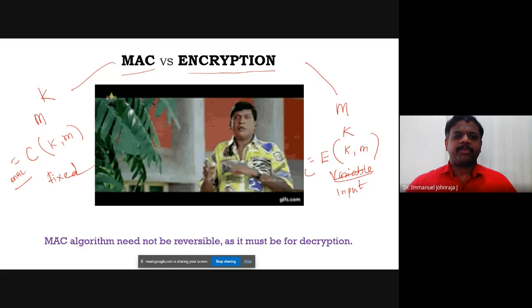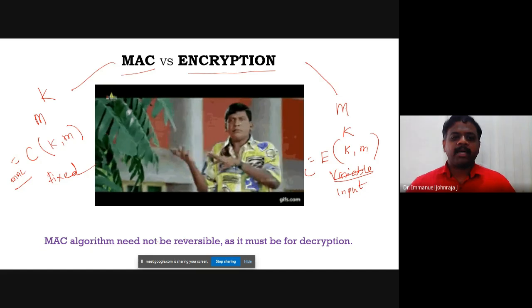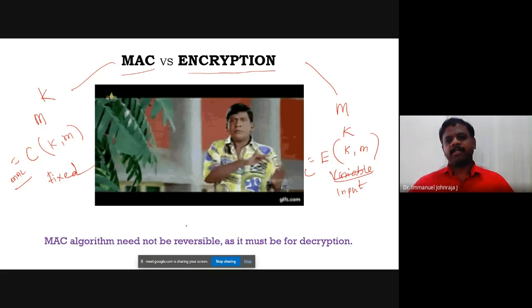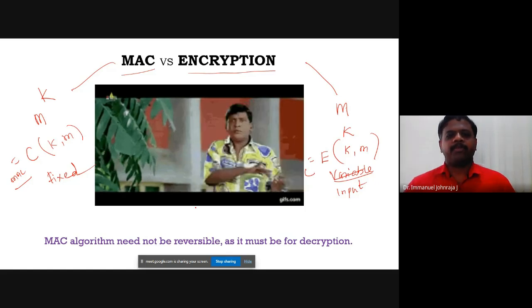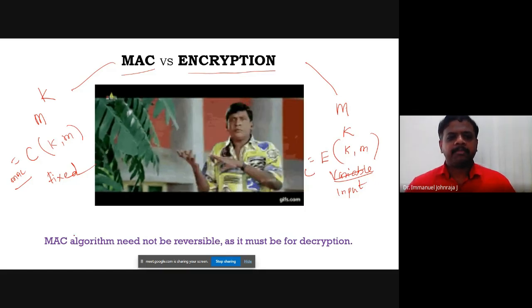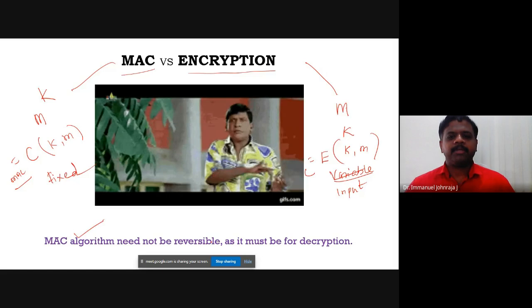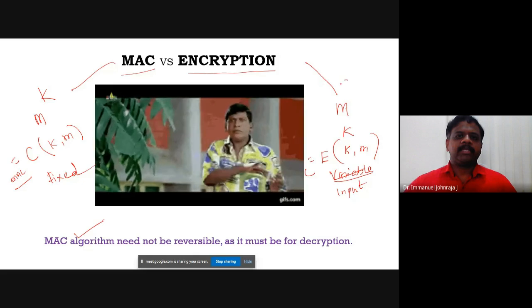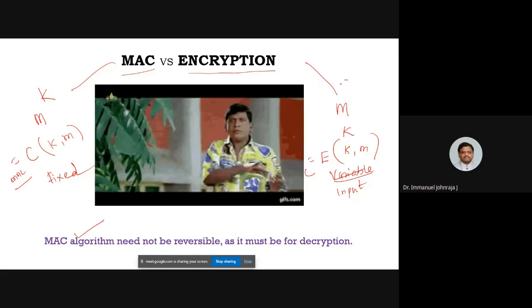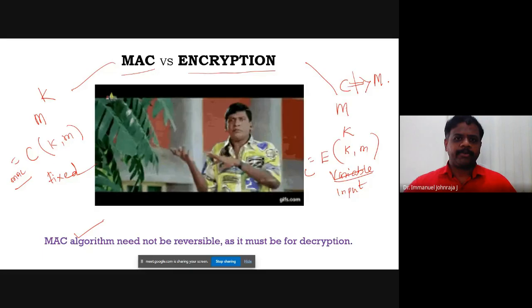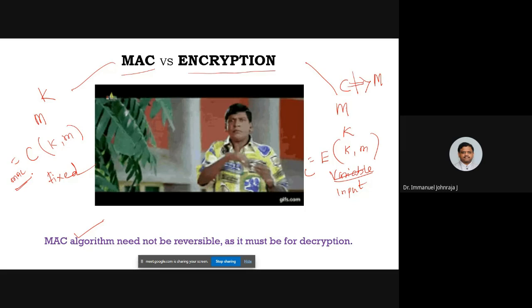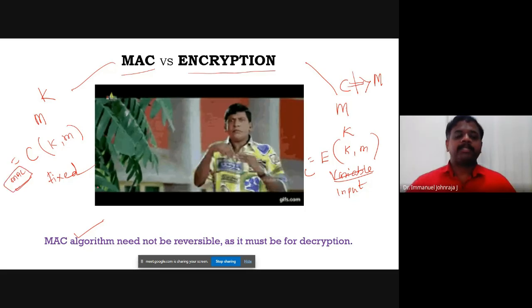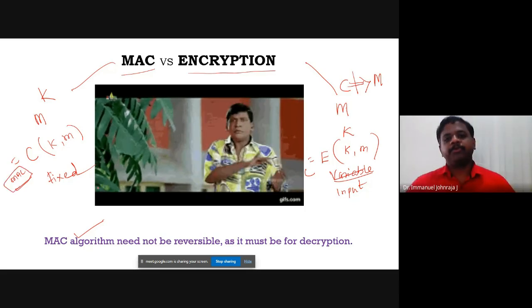The next point is that the MAC algorithm need not be reversible, as it must be for decryption. The main technical difference is that in the case of encryption, from the ciphertext you should be able to deduce the plain text. But from the MAC, it is not required for you to reverse it to get the original message.